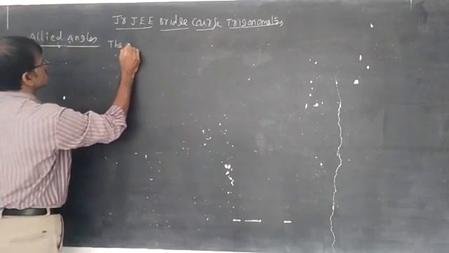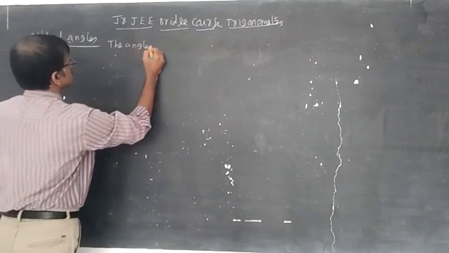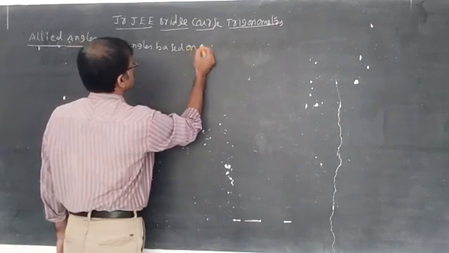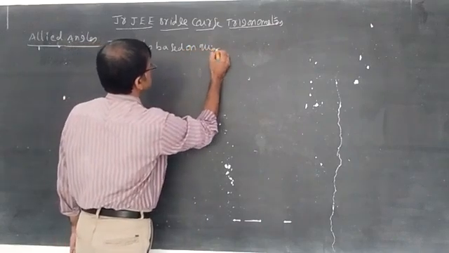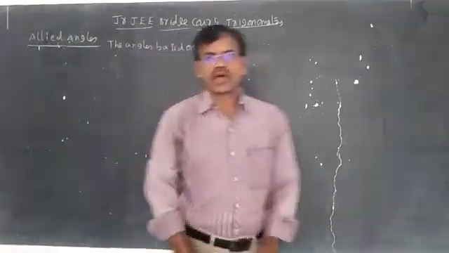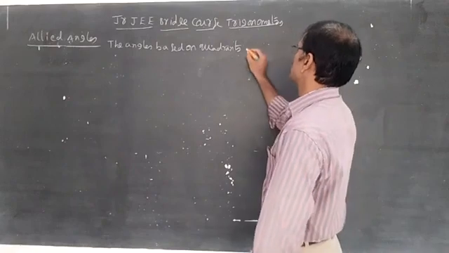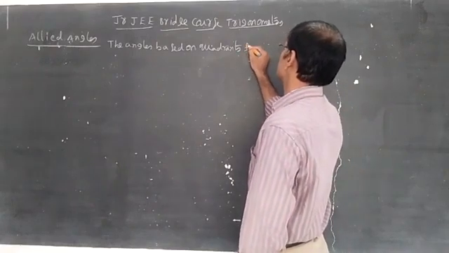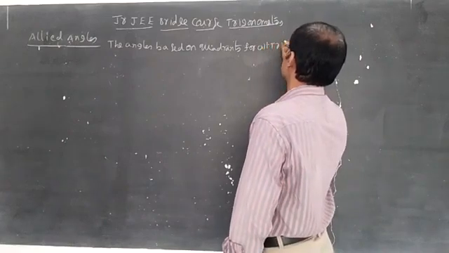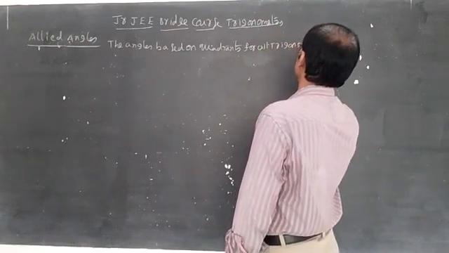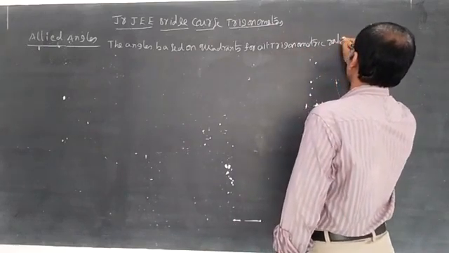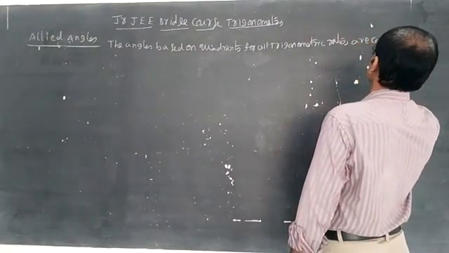The angles based on quadrants, based on quadrants for all trigonometric ratios are called as allied angles.